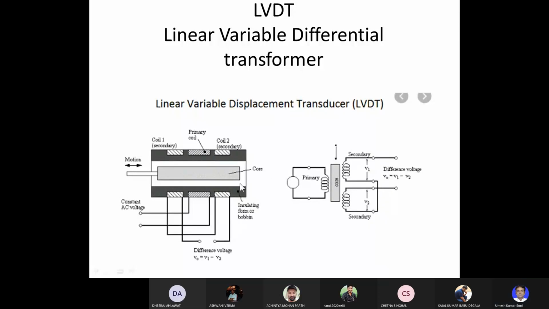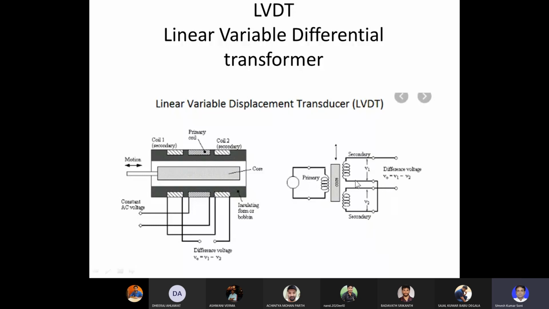Then suppose the linear variable differential transformer core is in the central position, then equal voltages will be generated in both the coils, as coil 1 and coil 2 have an equal number of turns, and the turns ratios corresponding to the primary and secondary coils are equal. So when we have a series connection, then the differential voltage will be 0 for the central position.